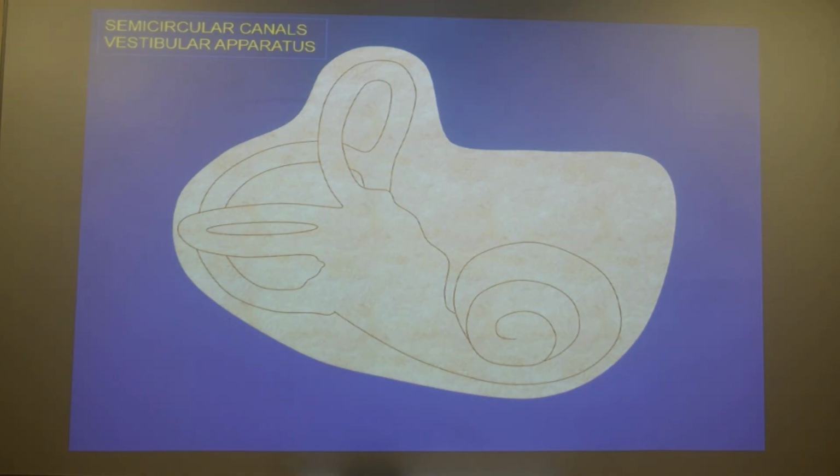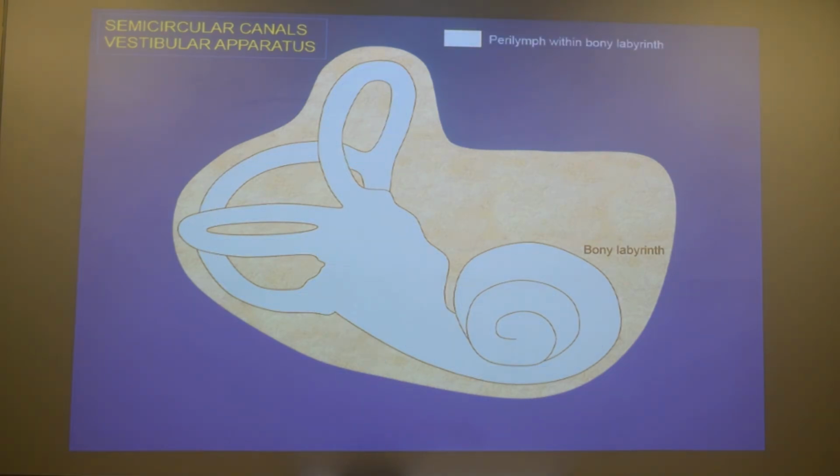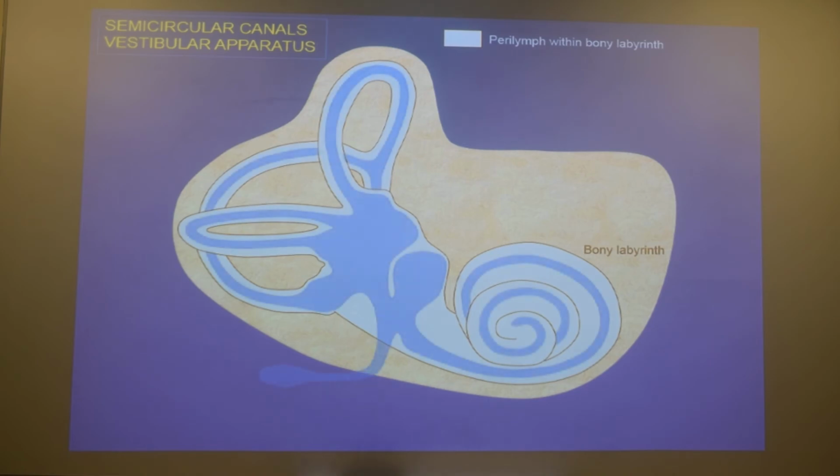If we look into the structure here, this is the bony labyrinth, and in the bony labyrinth we said there is perilymph, and within it you have the duct system. So you have the cochlear duct, the utricle and the saccule here.